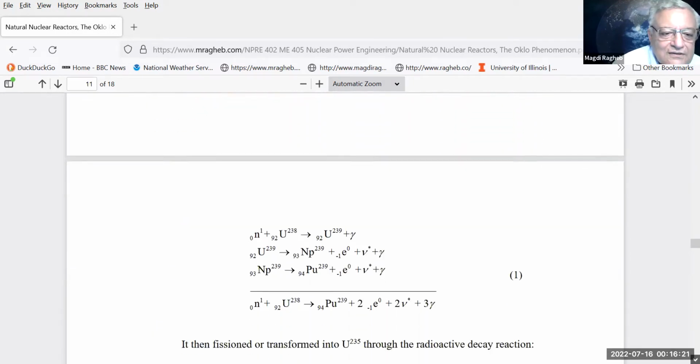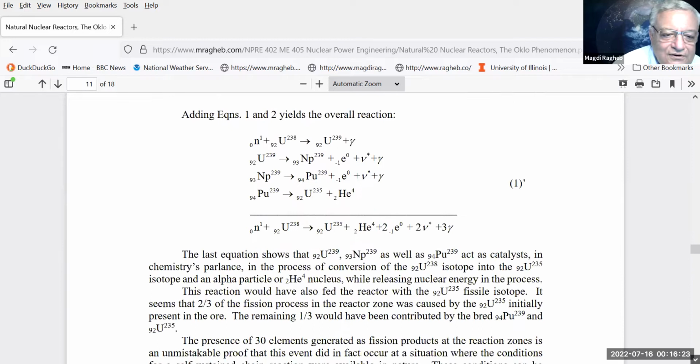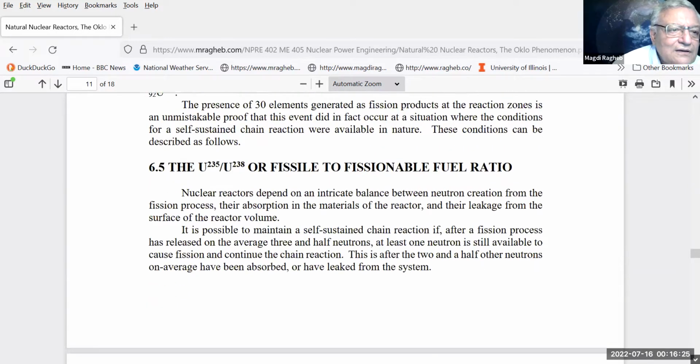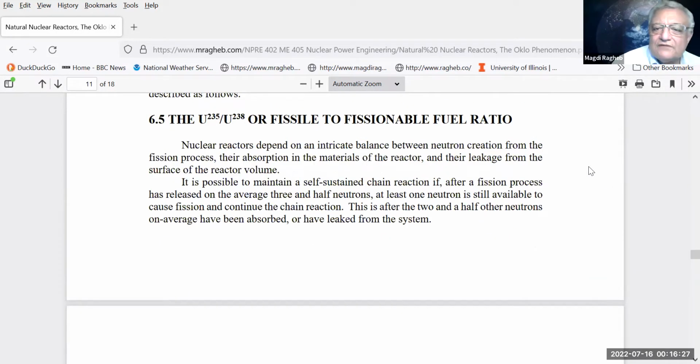Let's look at what happened at the Oklo now with the knowledge that we have learned here. During the Oklo phenomenon in nature, uranium-235 concentrated in algae in a marine environment where we had basically algae like kelp, and the water level also went up and down.